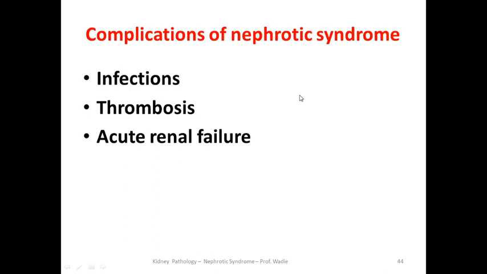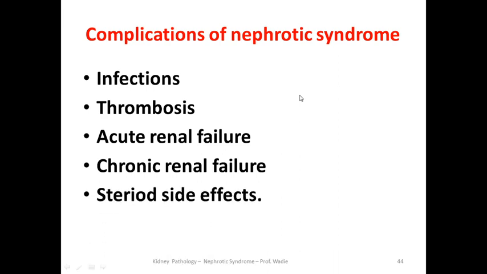And then acute renal failure may complicate the nephrotic syndrome, as we mentioned, particularly in the membranoproliferative type, or the membranous, or the focal segmental glomerulosclerosis. And chronic renal failure is another complication, as we mentioned in the causes of the nephrotic syndrome.